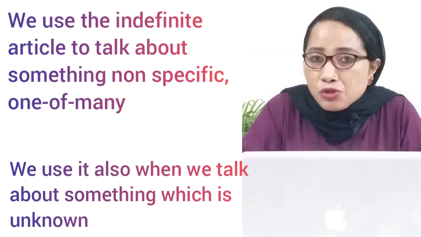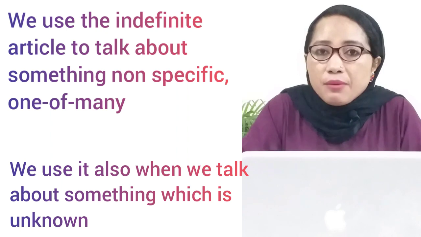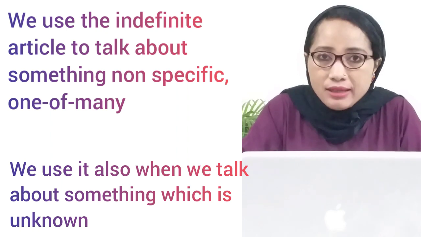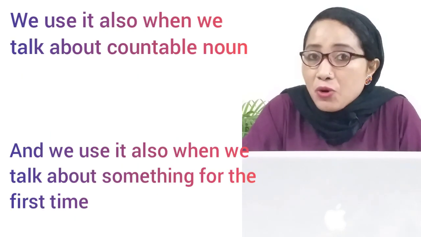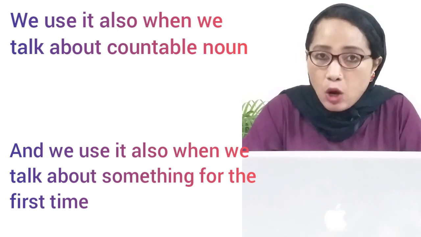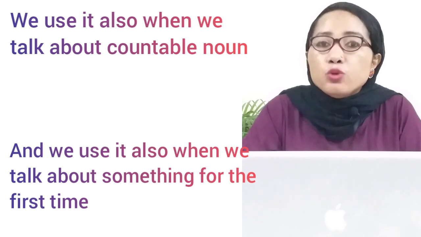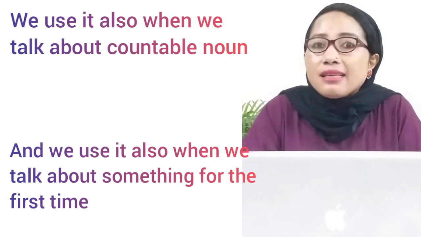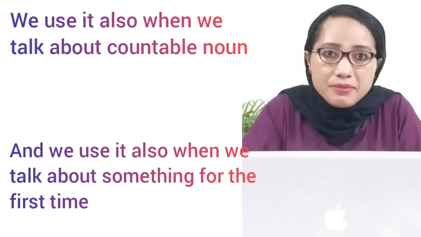We use it also when we talk about something which is unknown, when we talk about a countable noun, and when we talk about something for the first time. I'm going to give you an example after, but let me tell you first what the indefinite articles are if we compare with English.